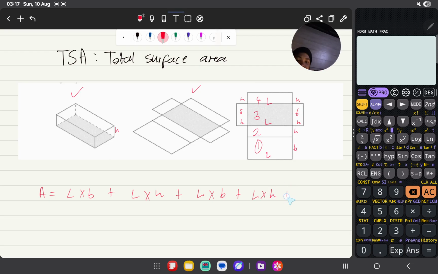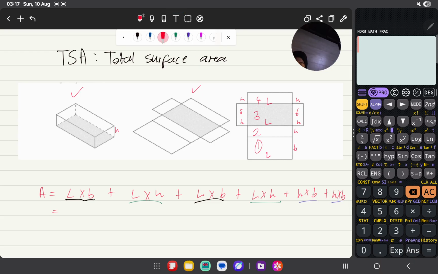Number 5 is going to be height times breadth. Number 6, there's number 6, will also be height times breadth. Then you realize, look at this, look at that.